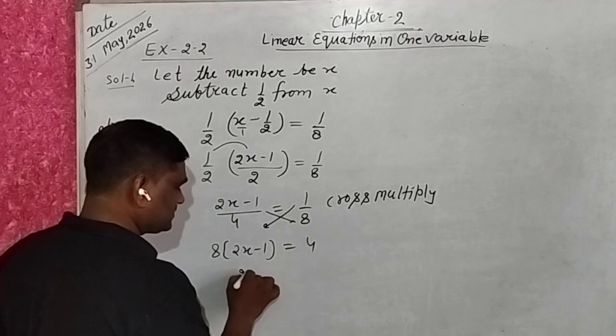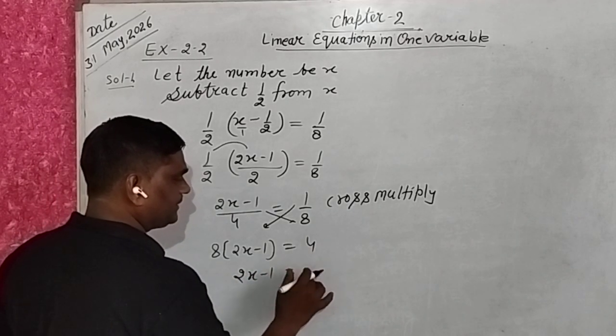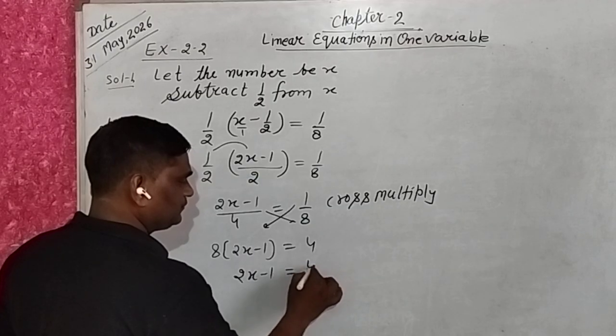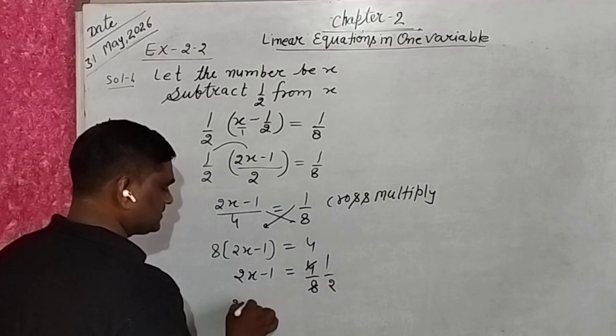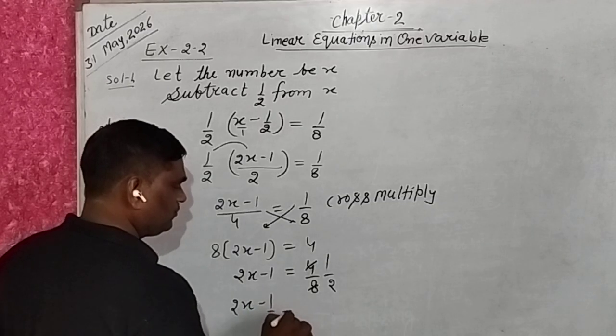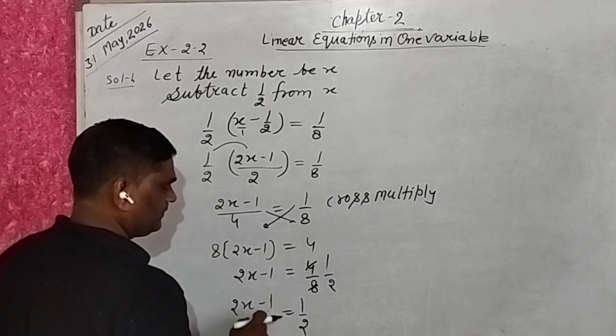So 2x minus 1 is equal to 4 upon 8. 4 ones are 4, 4 twos are 8. So 2x minus 1 is equal to 1 upon 2.